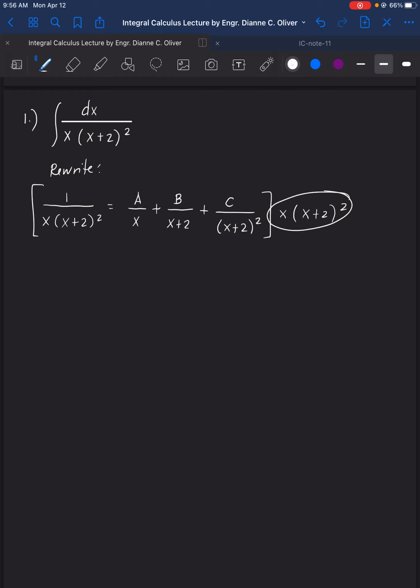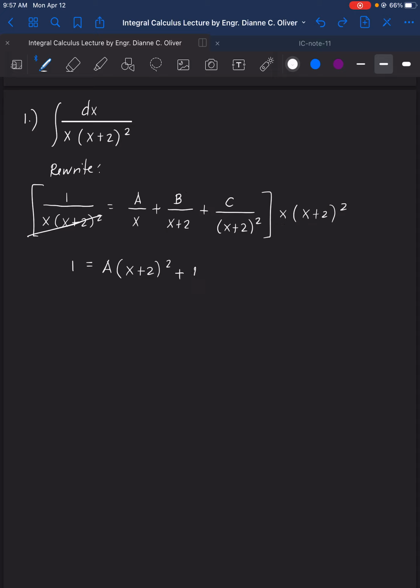If we multiply this with the left portion here, we will cancel out the denominator. So what's left is 1 equals, multiply this with the first term on the right side, we will cancel out x. So what's left is a times x plus 2 squared plus, multiply this with the second term on the right side, we will cancel out x plus 2, the one x plus 2 there.